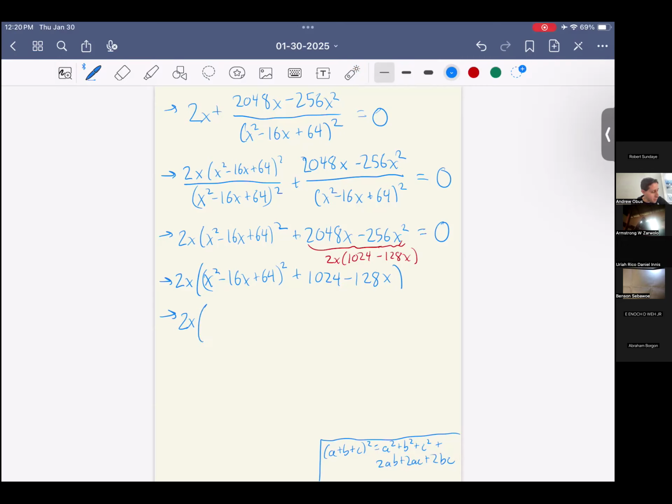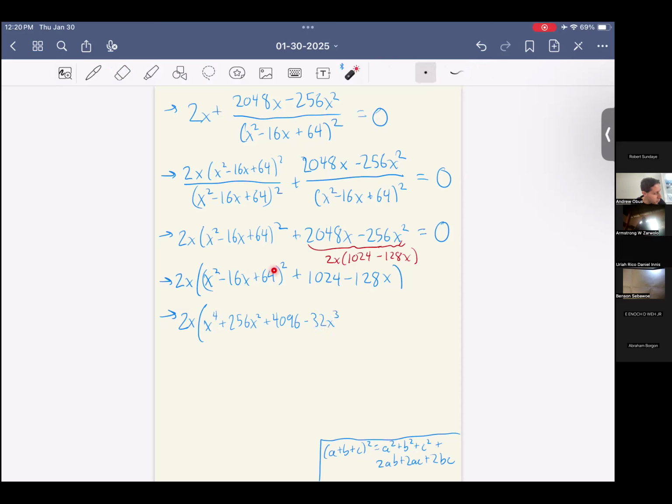So this is going to be the worst it gets, and then I promise it will get better. So this is going to be x to the 4th plus 256x squared plus 4096, that's 64 squared. And then we're going to get minus 16, or 2 times that, so minus 32x cubed.